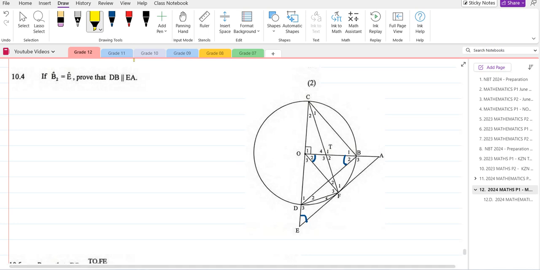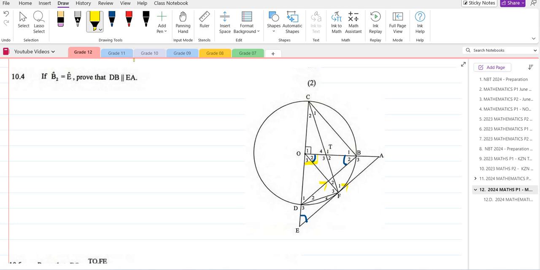In order to prove parallel lines, we need corresponding angles equal. Why did they give us angle B2 is equal to angle E? Why B2? Okay, we know that this angle is 90. That's a right angle triangle.